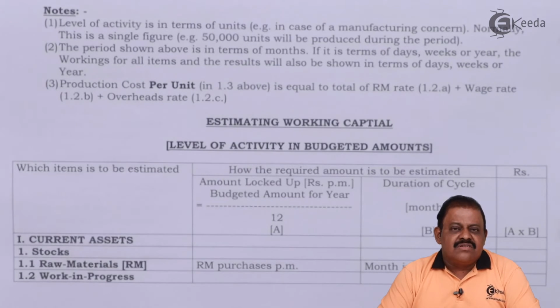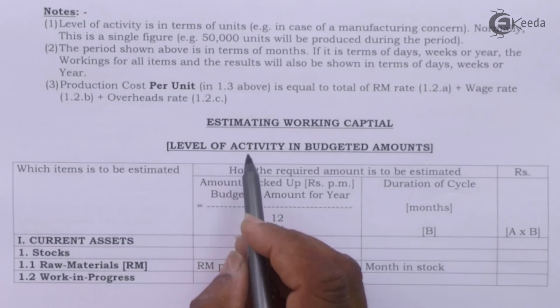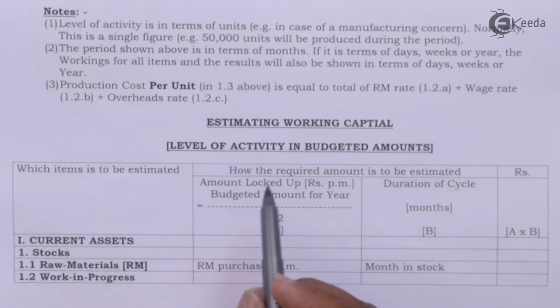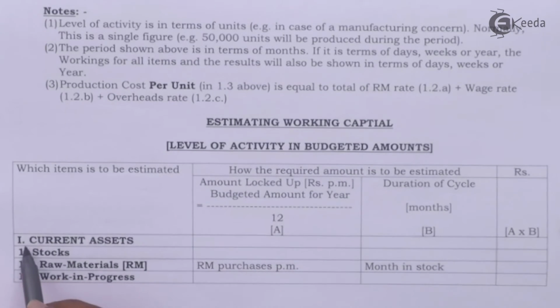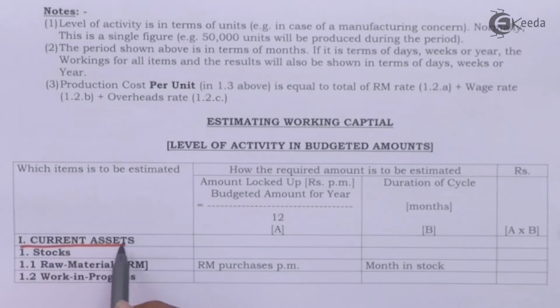Then the format for presentation will be like this: estimation of working capital, current assets. There we have stock. In stock we have stock of raw material, stock of work in progress, and the figures are to be obtained as per our current discussion.